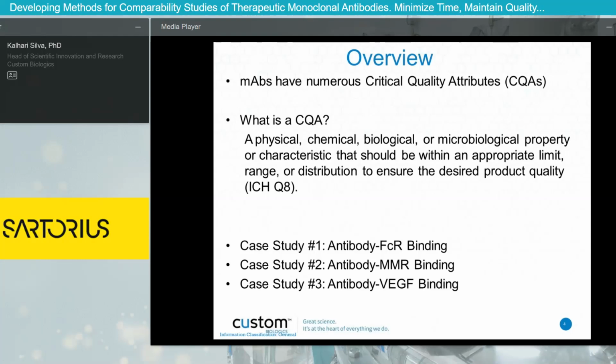For the talk today, I would like to refer to three case studies. The three case studies will look into how we optimize the binding assays of monoclonal antibodies: one to the FcR receptors, two to the macrophage mannose receptor, and three a more functional assay with VEGF, vascular endothelial growth factor.